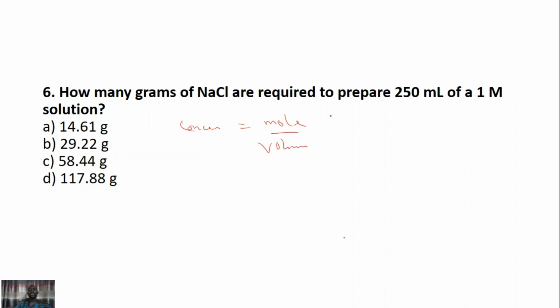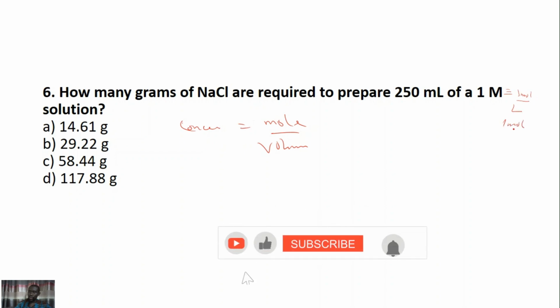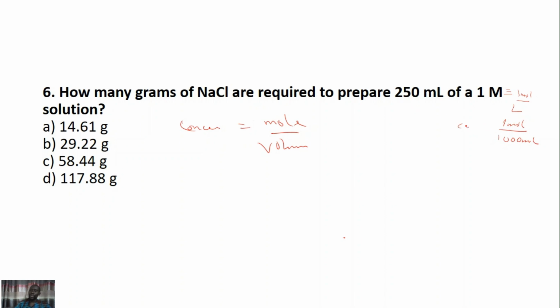We are given the concentration, but this concentration is equivalent to 1 mole per liter, which is also equivalent to 1 mole over 1000 ml. It's very important for you to convert it to ml because the volume with which we'll be working is in ml. So this is our concentration.